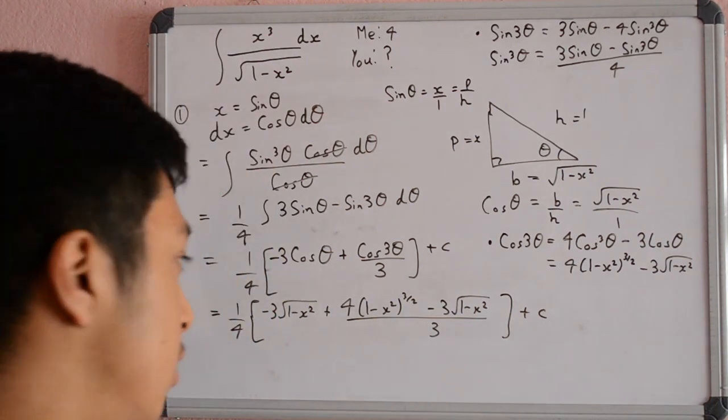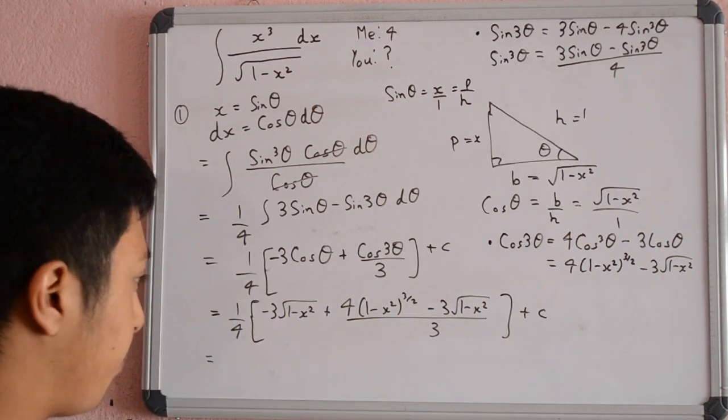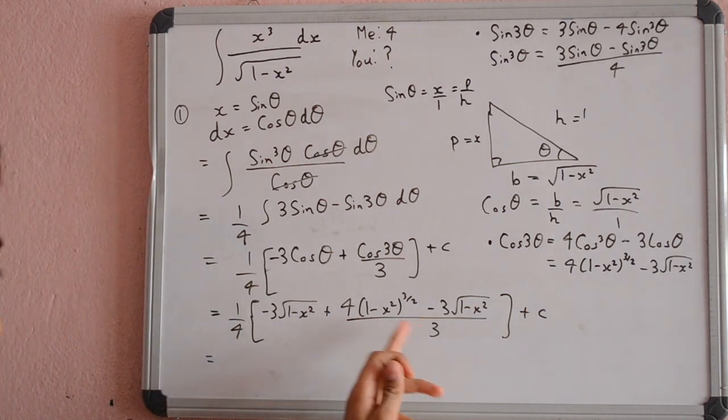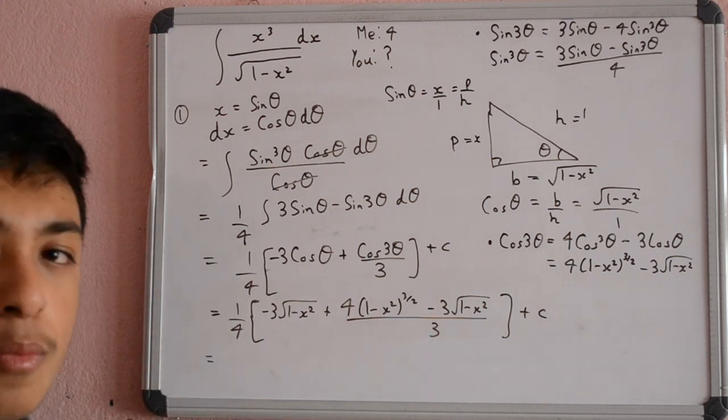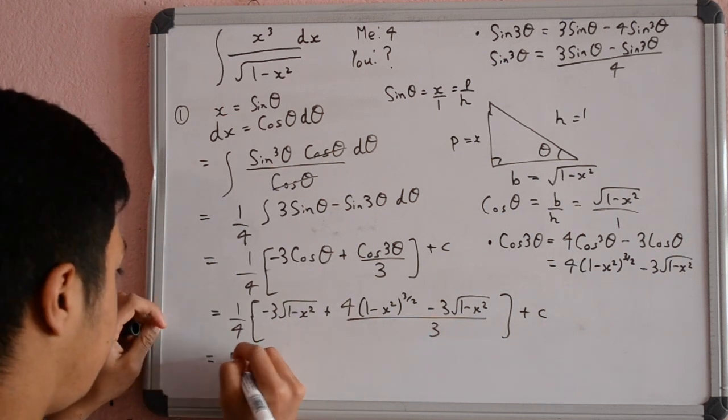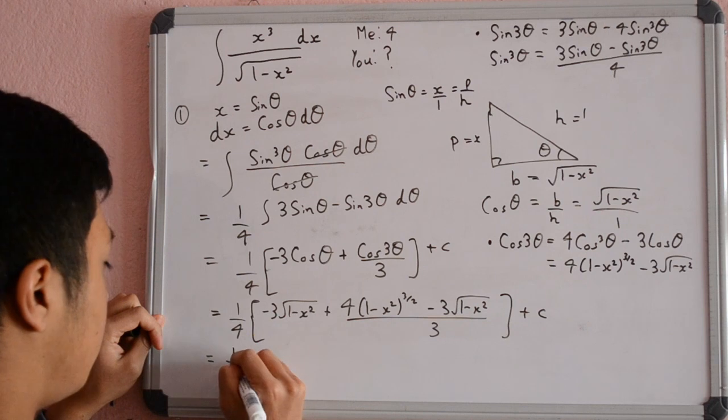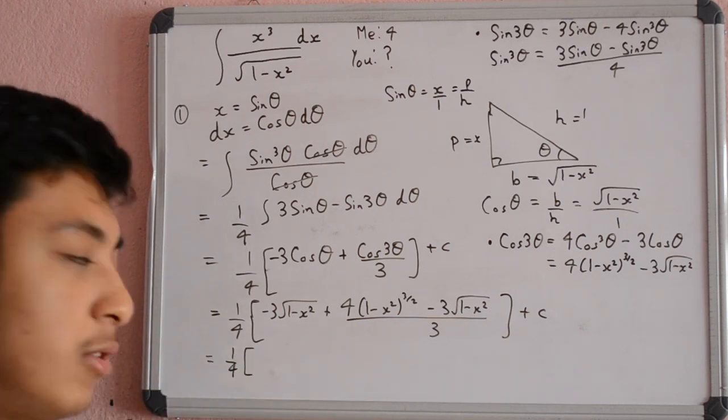And we can just clean this up a little bit. So first we can just do that and that, or we can just directly open up the bracket. Actually no, let's just put the 1 by 4 outside.